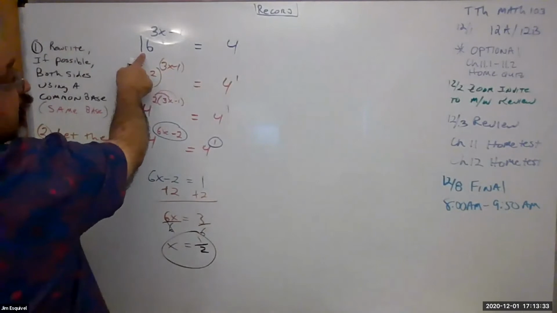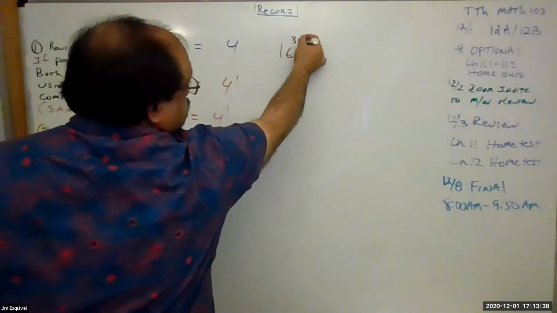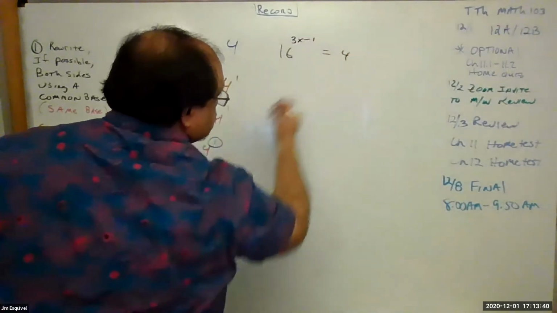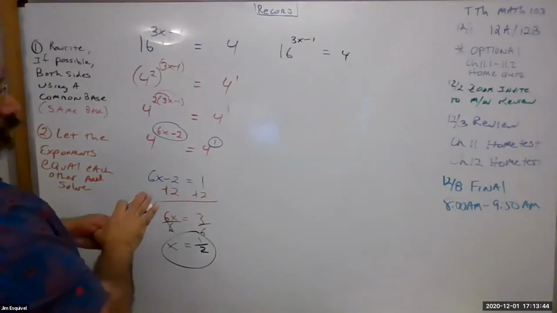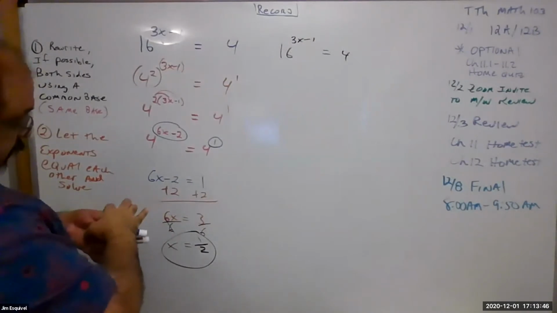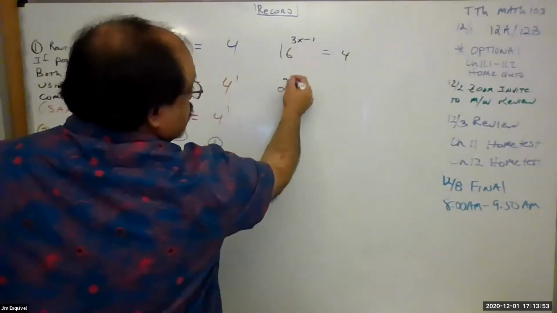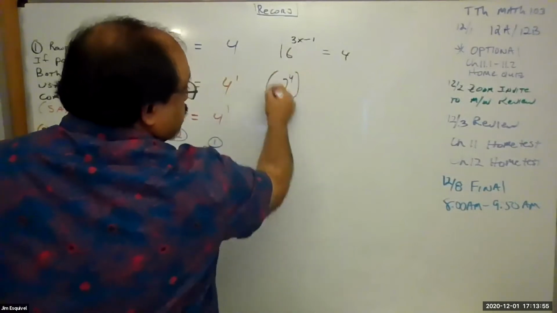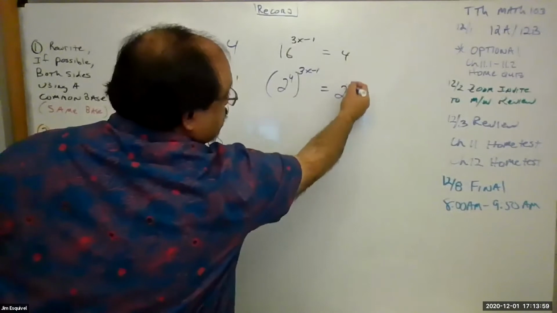If you decided to go with 2, then you convert both sides into powers of 2. 16 is 2 to the 4th. So this 16 becomes 2 to the 4th power to the 3x minus 1, and 4 becomes 2 to the 2nd power.